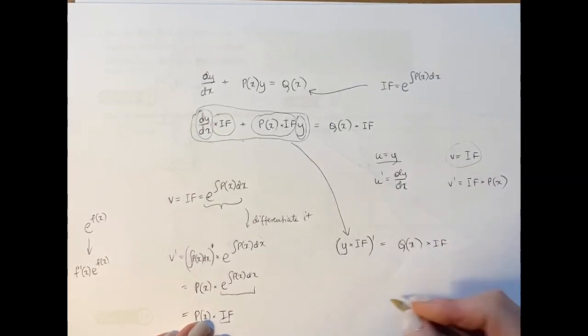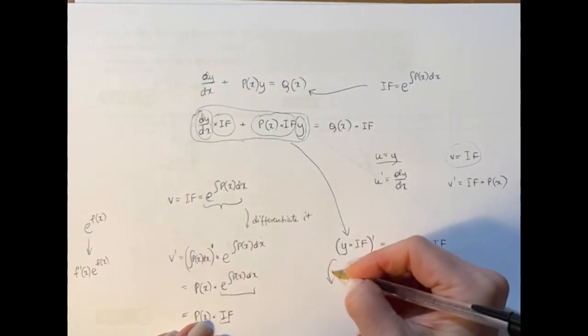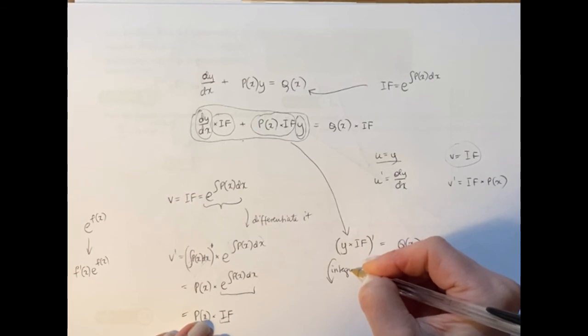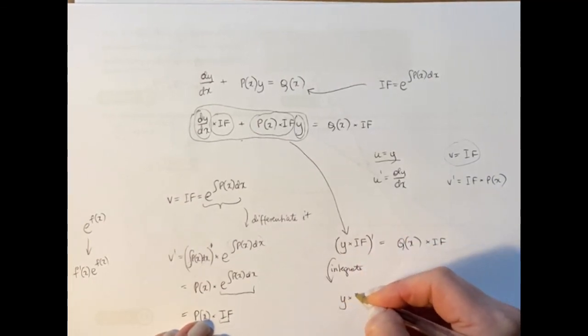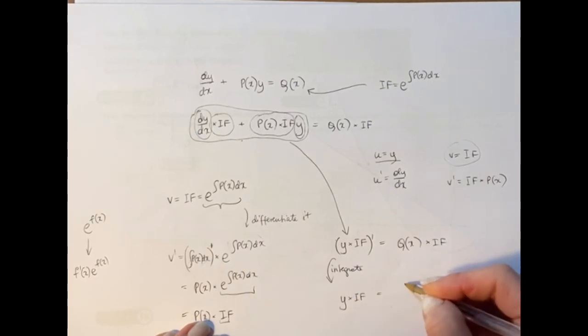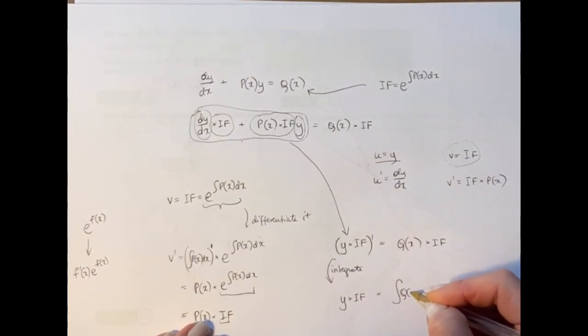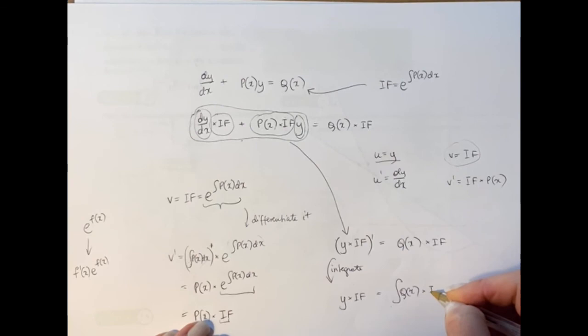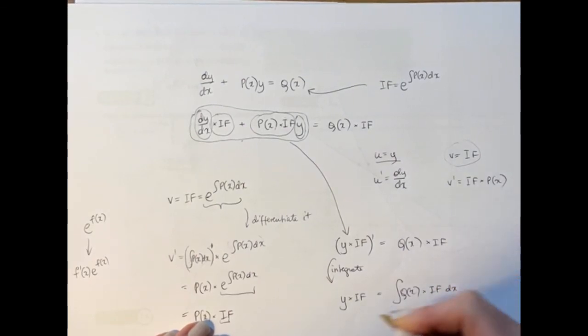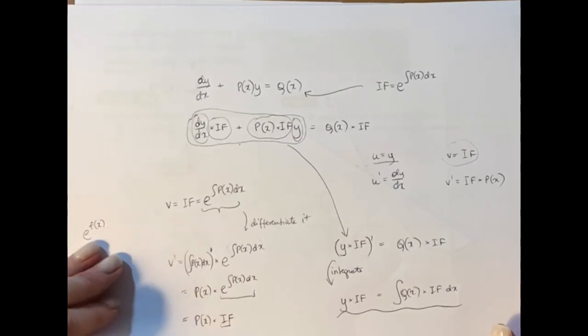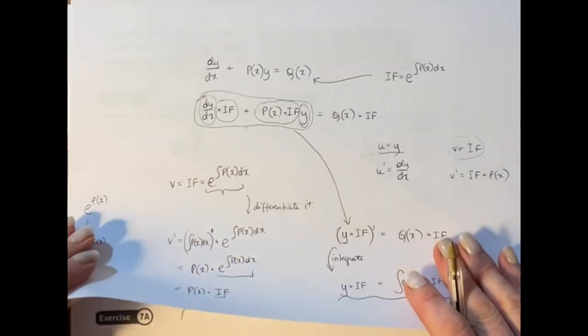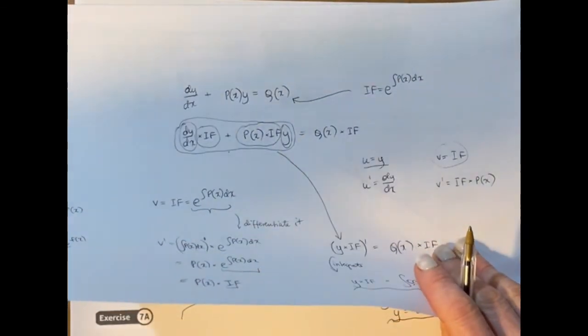There you go. And now we need to integrate. So when you integrate it, you're left with y times the integrating factor, and then you just do the integral of q of x times the integrating factor. So that shows you how this method works. Okay, so off you go, do all the questions in exercise 7a.